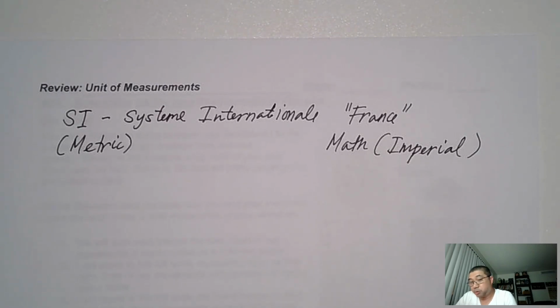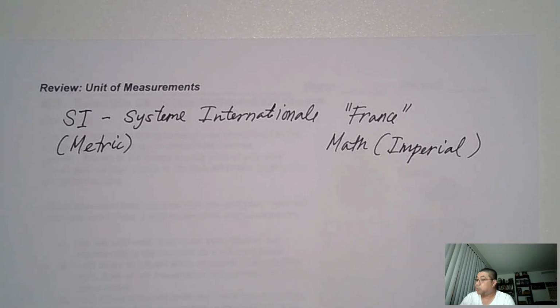So the measurement varies because of the system that we're using. The System International is designed to make sure that everybody in the world uses the same system of measurement.